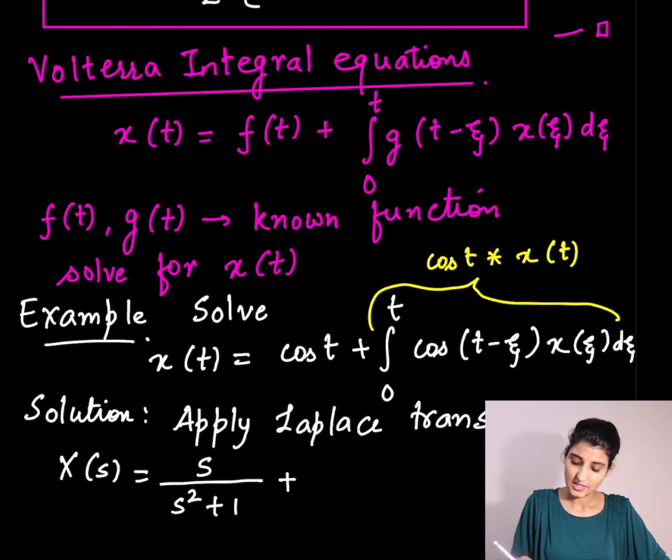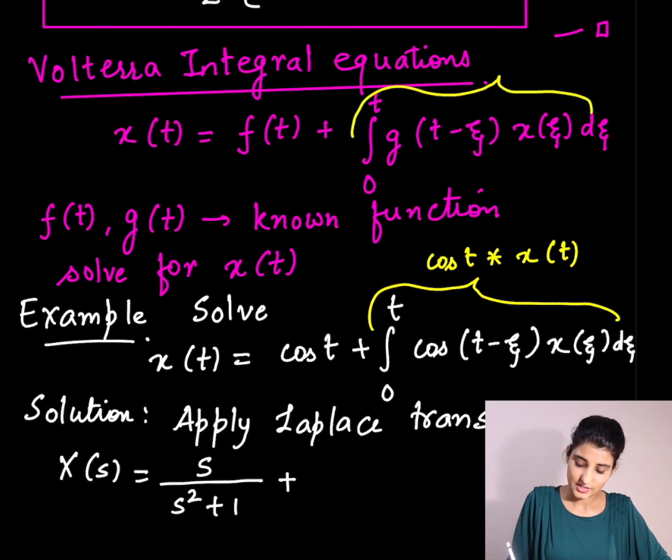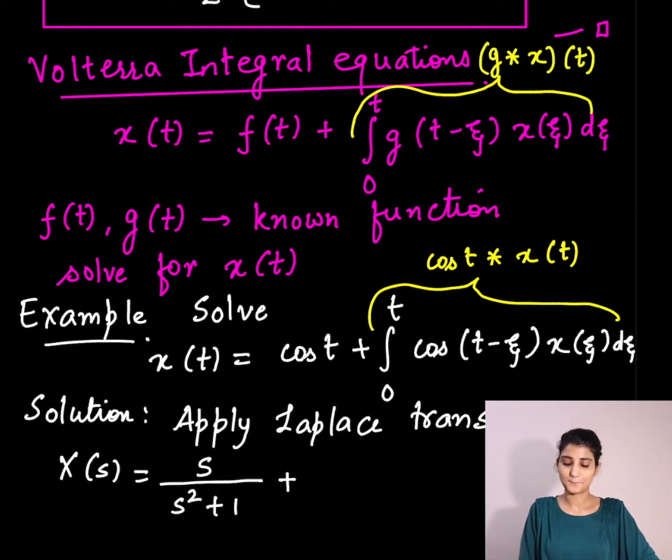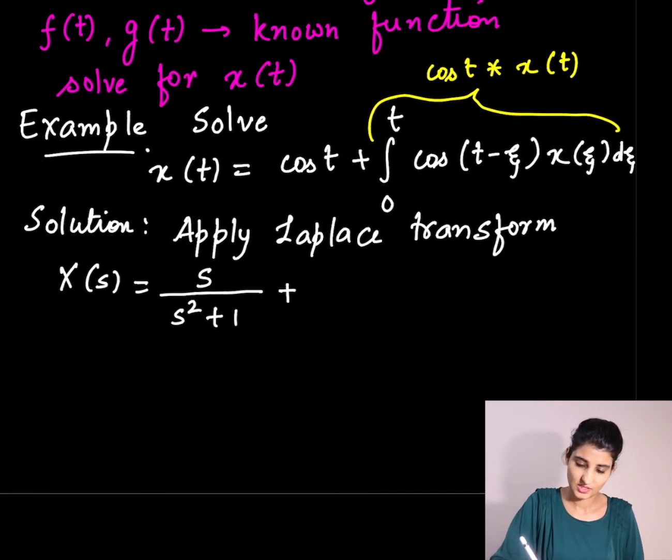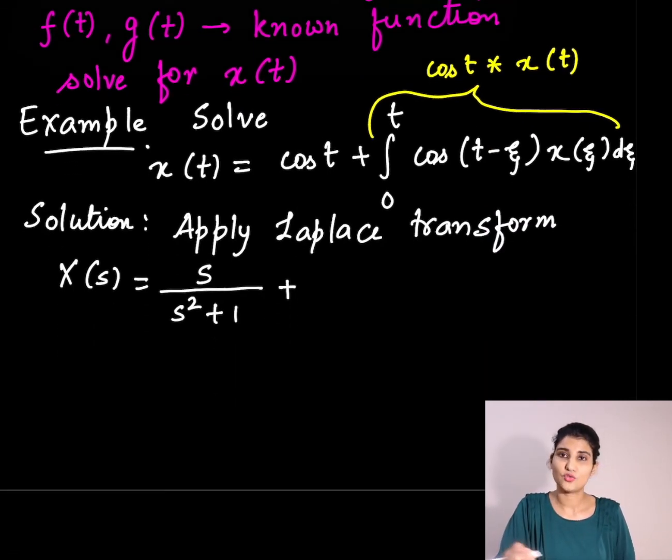So basically in the Volterra equation, our second term is the convolution of g and x. So what is the Laplace? The Laplace of a convolution is the product of the two Laplaces, right?